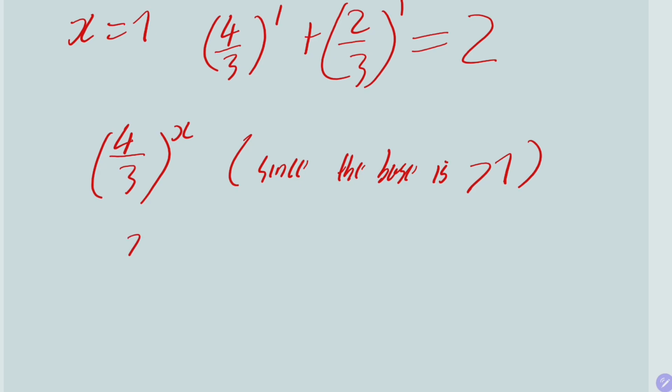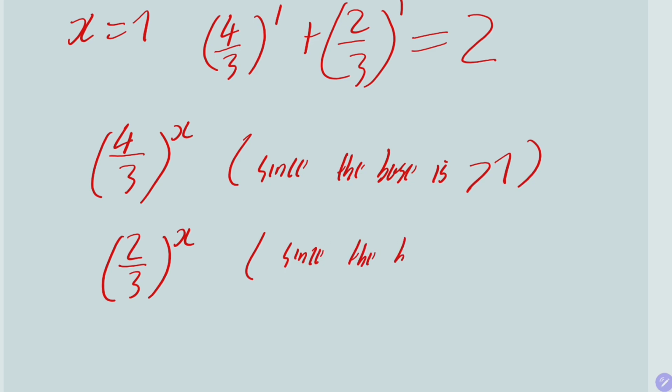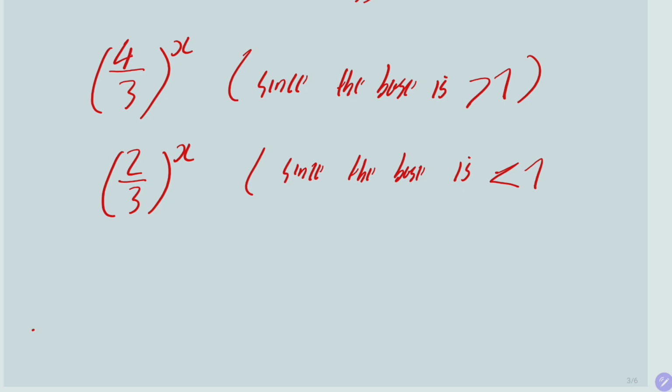The fraction 2 divided by 3, to the power x, is an exponential decay term, since the base is less than 1. As x increases, this term gets smaller.